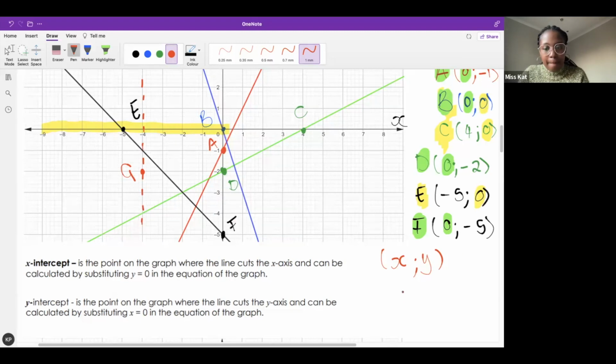What's the number? -4. So it's at -4 for x. Beautiful. We're done with x's. Now we look at the y-axis, the vertical one. Where does it go on the y-axis?